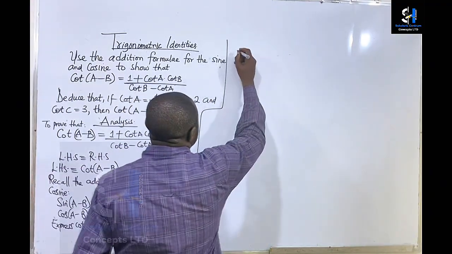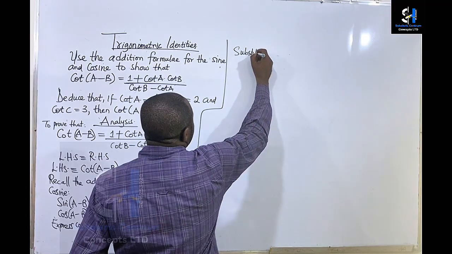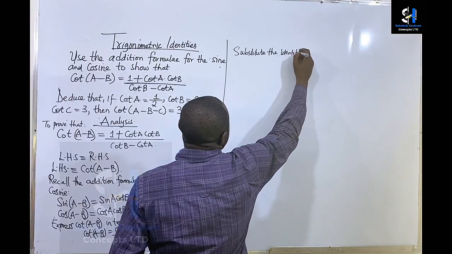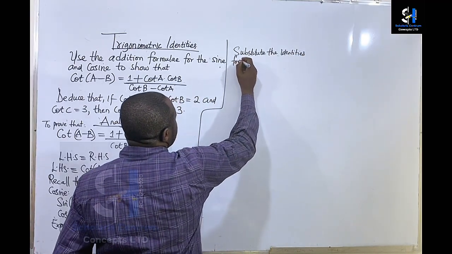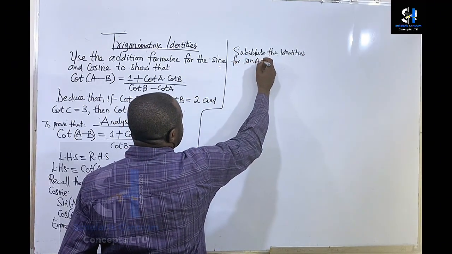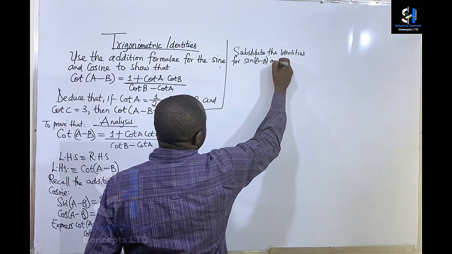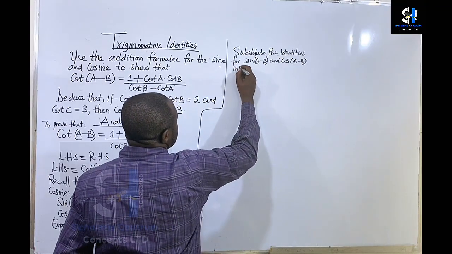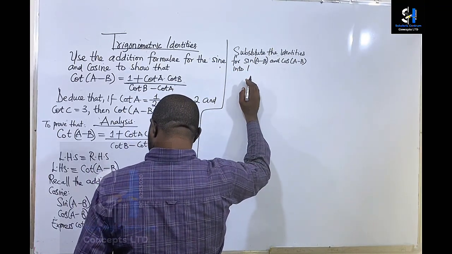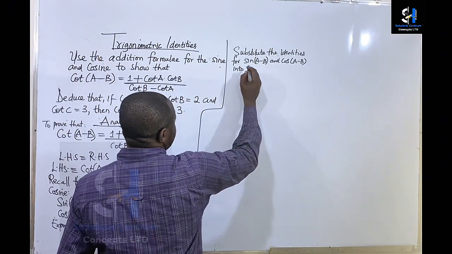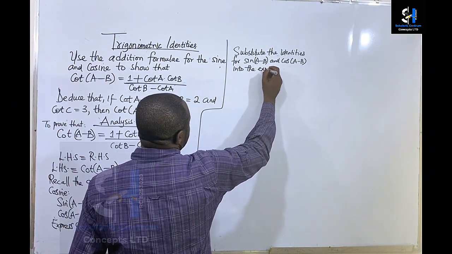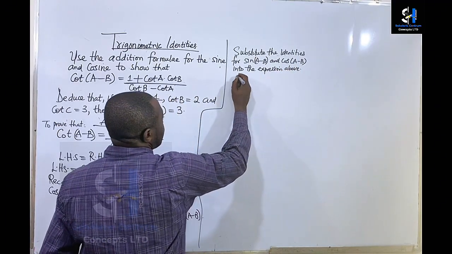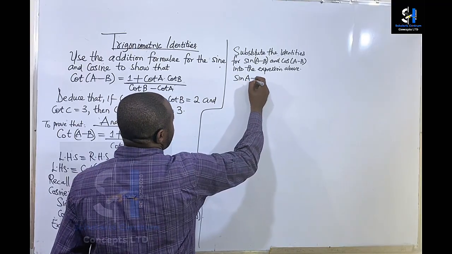Substitute the identities for sin(A minus B) and cos(A minus B) into the expression above.